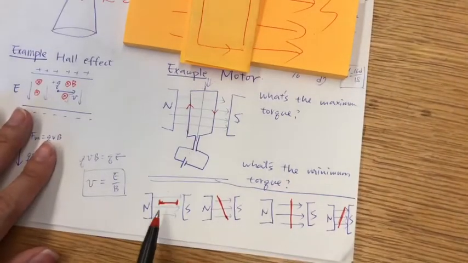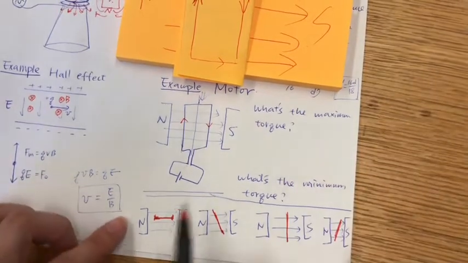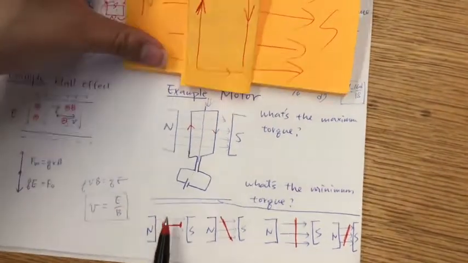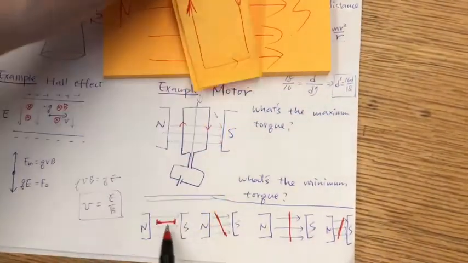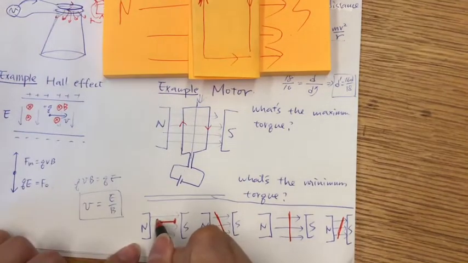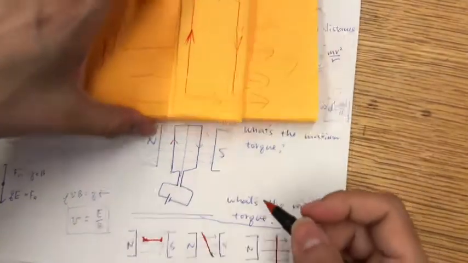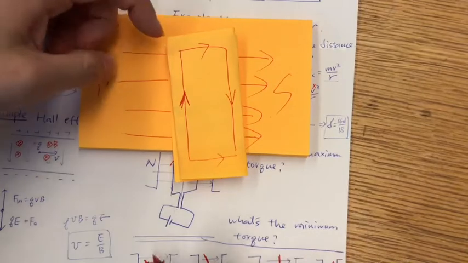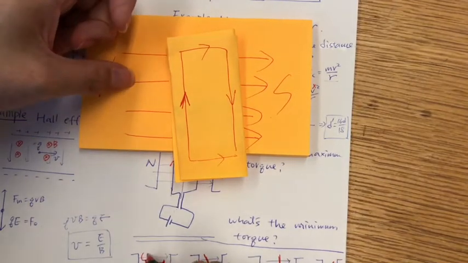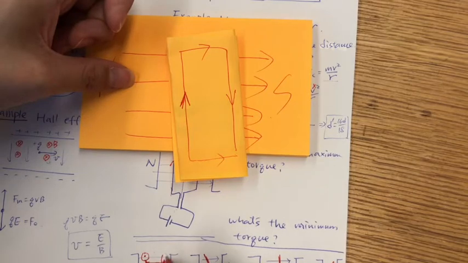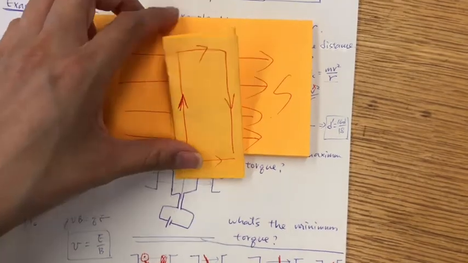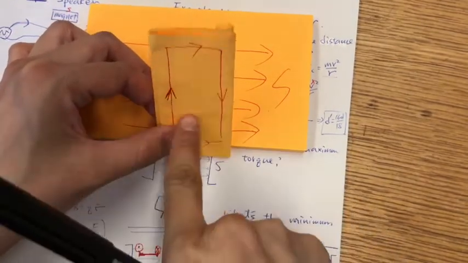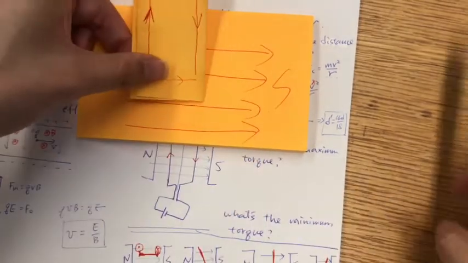Now let's take a look. When this one is aligned with, in this case, if we see it from the top, this end would be out of page, and this end would be into the page. Out of page and into the page.